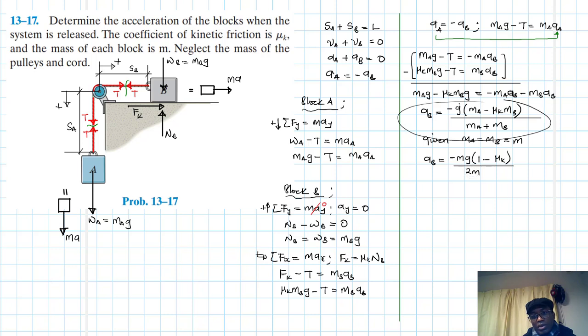Okay, this one was a general equation. Then we have now a more specific one. Then once we cancel out this and this, then we have a_B is equal to g divided by 2, then 1 minus mu_k. Okay, there's a minus which I just need to show.